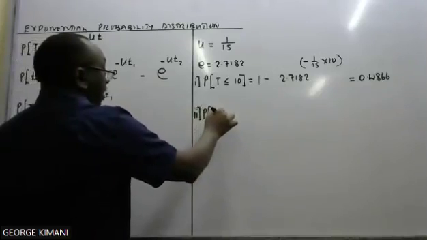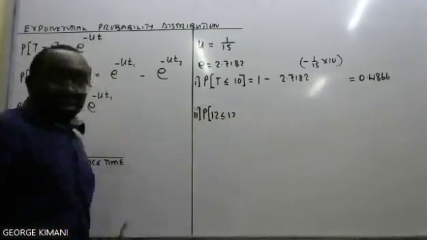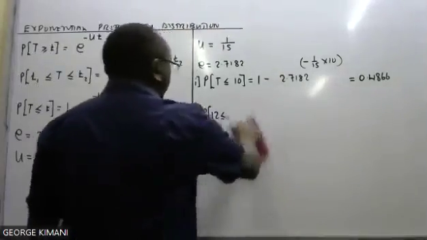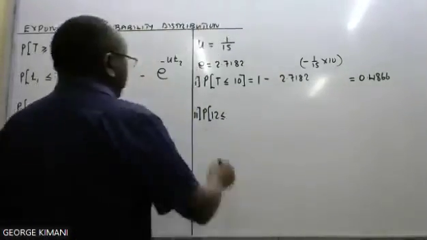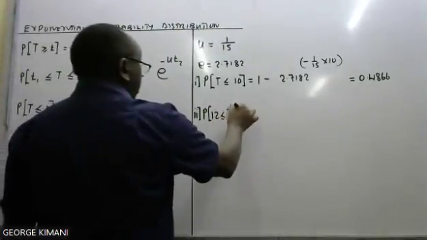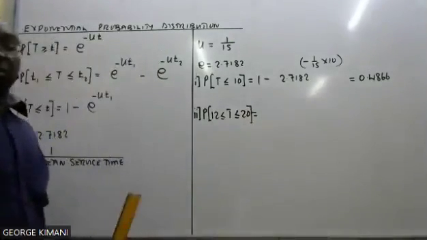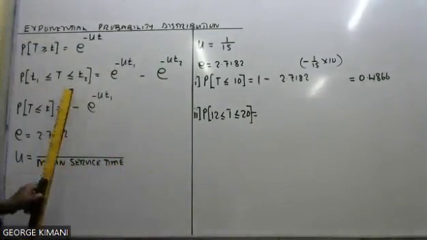Between 10 and 20. Now we use our formula here, this one of between.